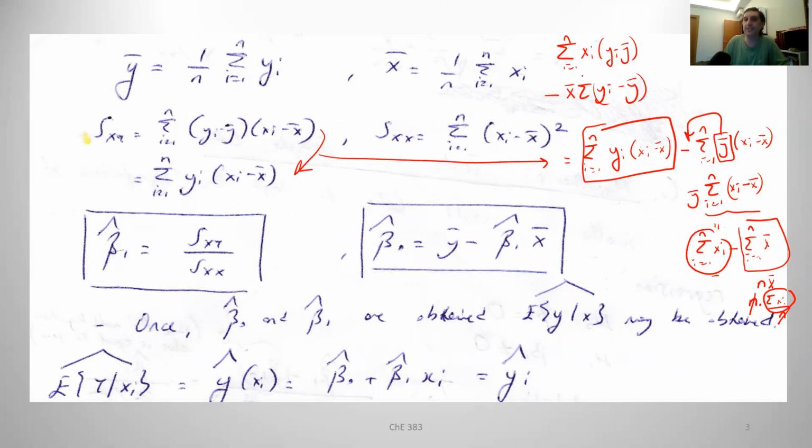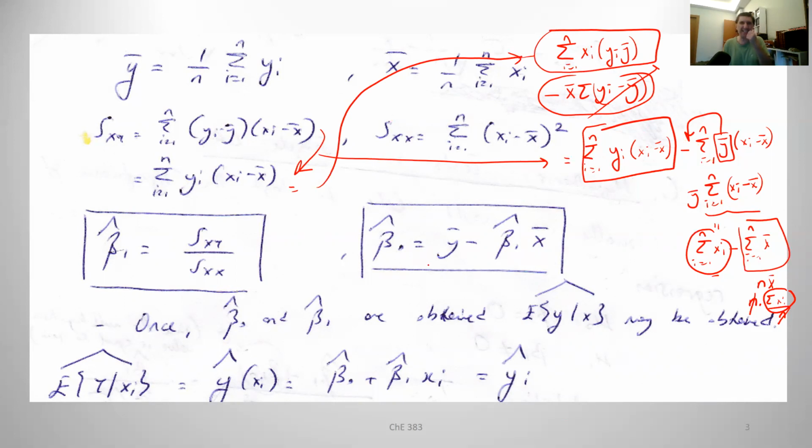And note that due to the very same reasoning, this is going to be equal to 0. So this can also be represented by this equation. That may seem just like a detail, but it's a nice exercise.